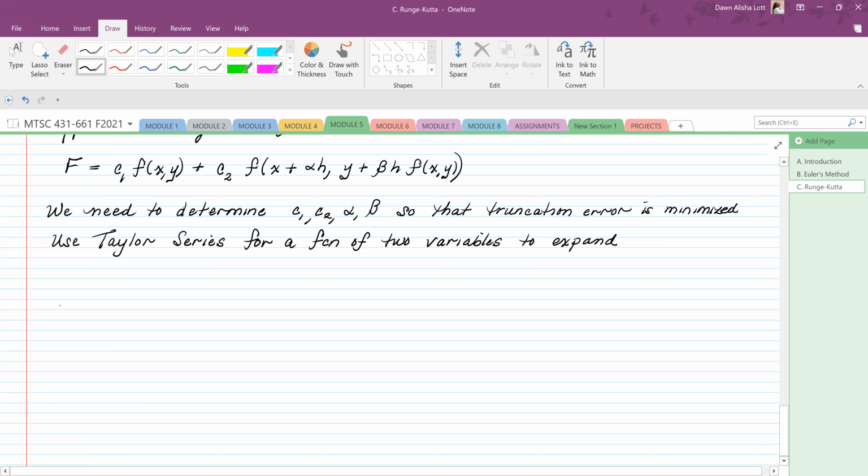So we want to expand f of x plus alpha h, y plus beta h f of x and y.